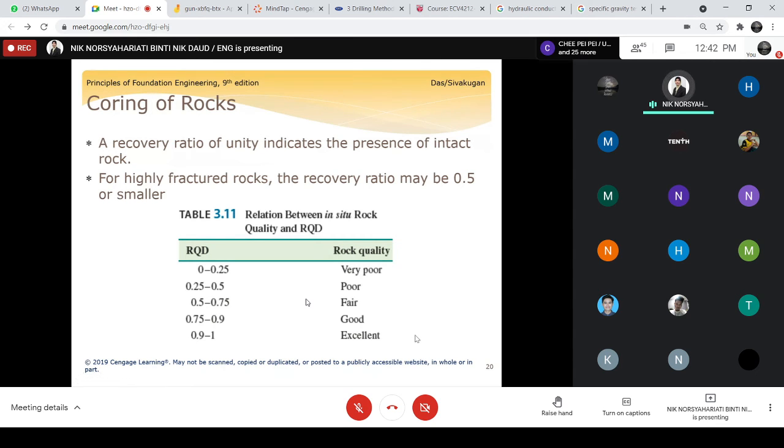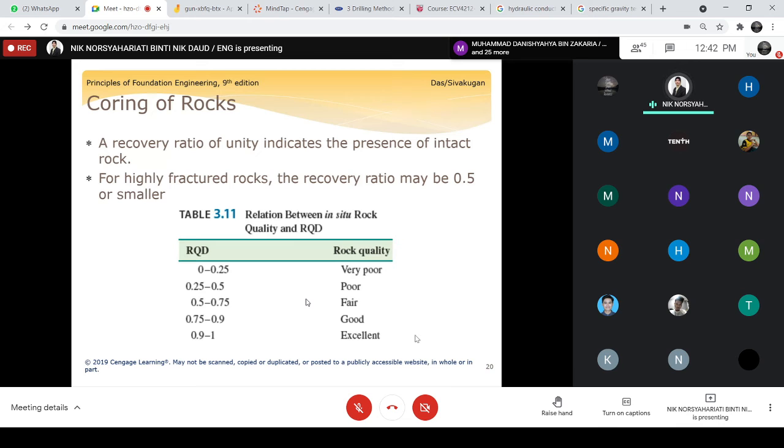The purpose is to know the hardness of the rock underneath. For example, at 10 meter depth you encounter granite rock, and the quality is 1 based on the retrieved rock core sample, so it's excellent.